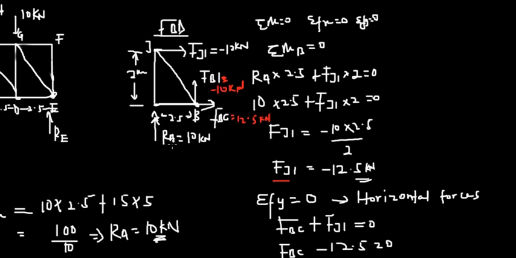So this is RA, which is 10 kilonewtons, but FBI, acting parallel to RA, is minus 10 kilonewtons. And then we have FGI being minus 12.5 kilonewtons, and FBC also acting in the same direction, but it's 12.5.